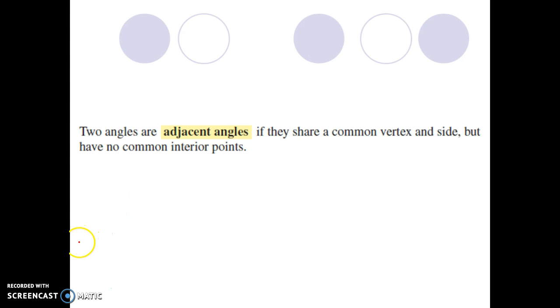So for instance, if I drew this, I could say the angles ABC and CBD are adjacent angles.